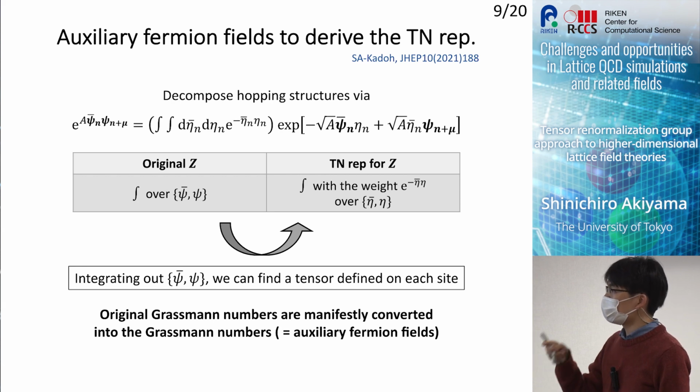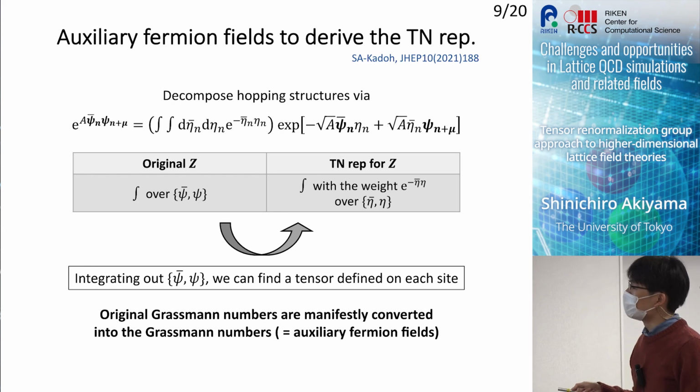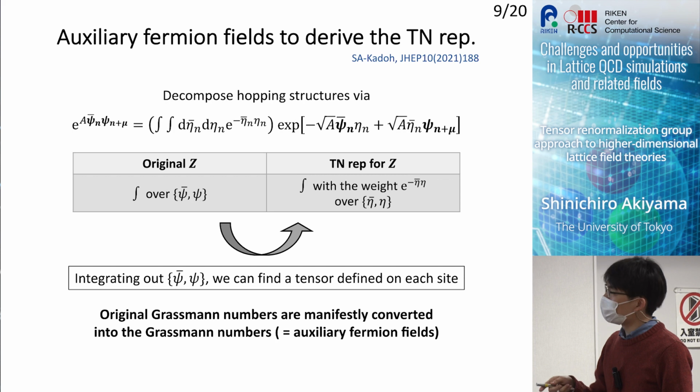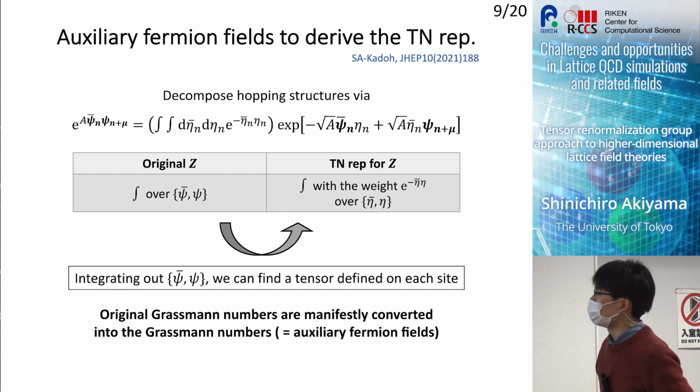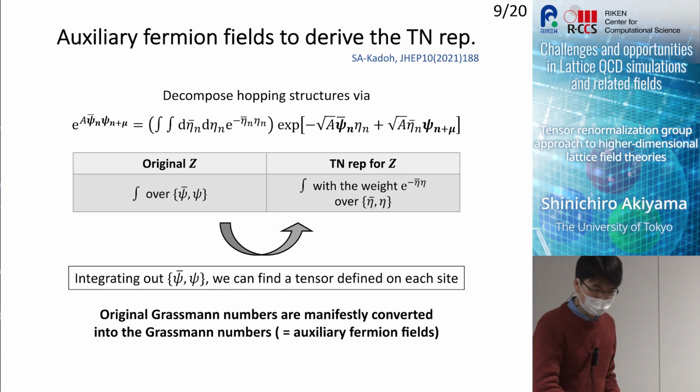As a result, we can obtain the tensor, and the original fermionic path integral is now represented by the integration over the auxiliary fermions with some weight coming from this identity. And yeah, the idea is something like that.